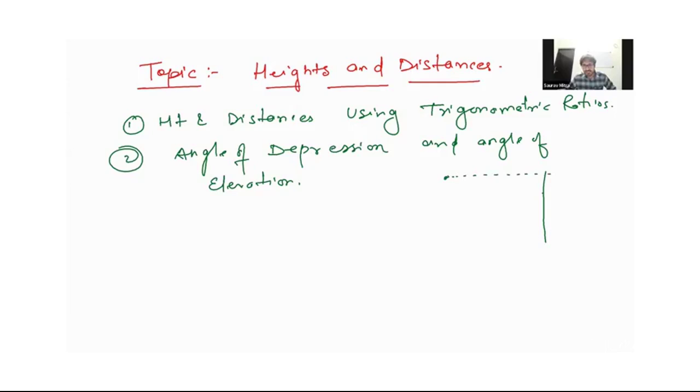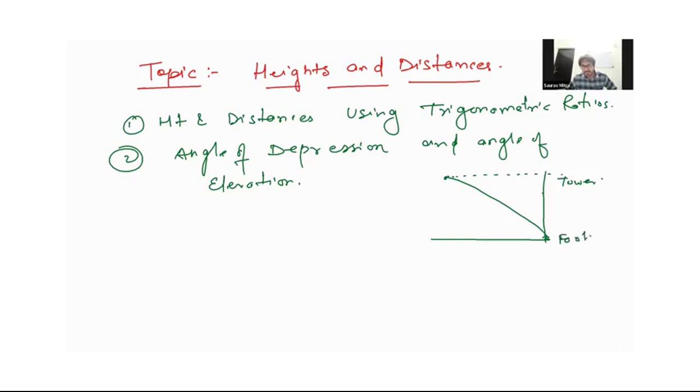This is the foot of the tower, this is your tower, this is your foot.